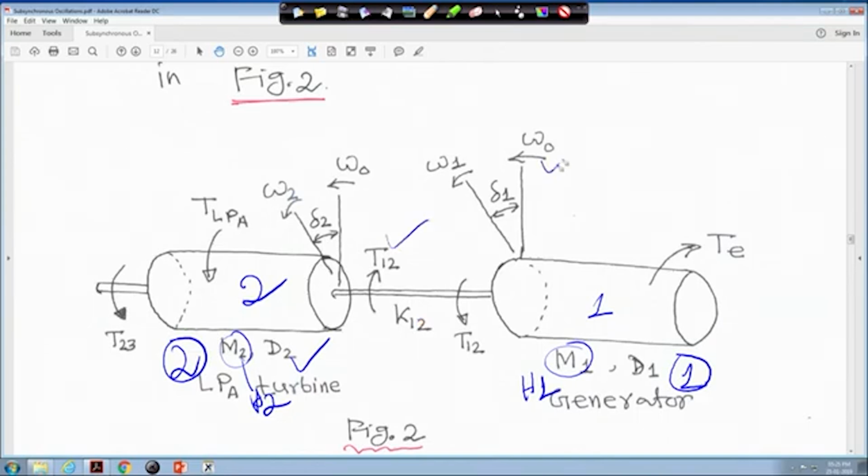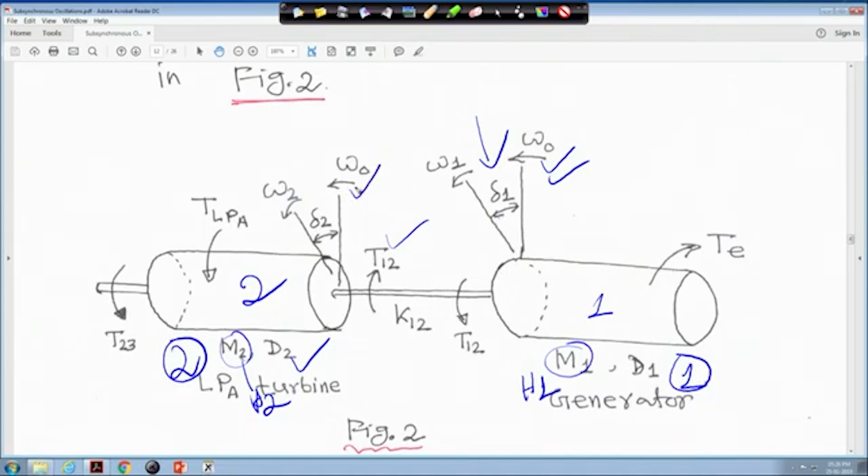This is omega 0 and this is omega 1. The deviation between omega 0 and omega 1 is delta 1. Omega 0 is the rated speed, but we are assuming it cannot be exactly on rated speed, since it is not ideal. Some variation will be there, which is why this angle is delta 1.